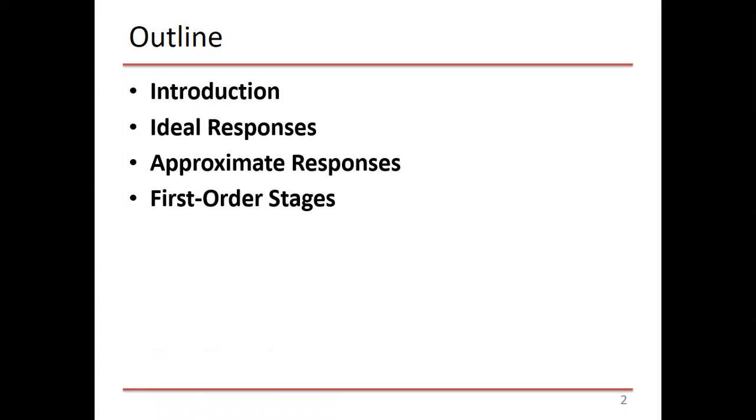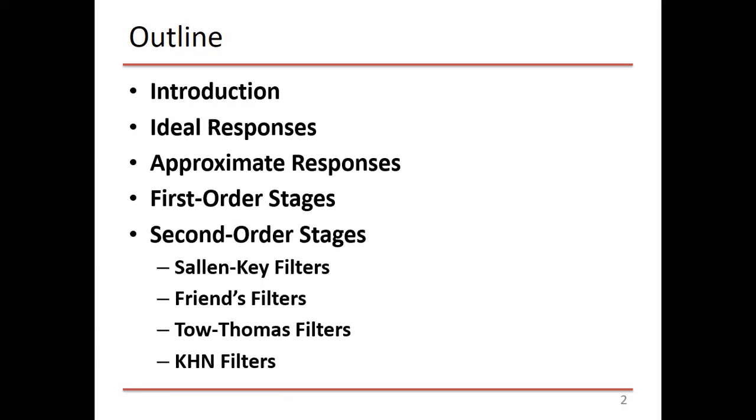Then we will study the first order stage, then the second order stage, and we will implement this using these four circuits: the Sallen-Key filter, the Friend filter, the Thomas filter, and the KHN filter. These are names of the inventors or those who initiated these circuits.